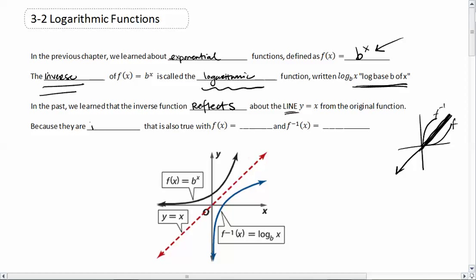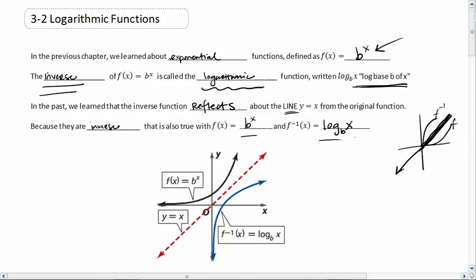Because they are inverses, this is also true with f of x equals b to the x, and f inverse of x equals log base b of x. So these two are going to be the same as each other, except they're going to reflect around that y equals x because they are inverse functions.